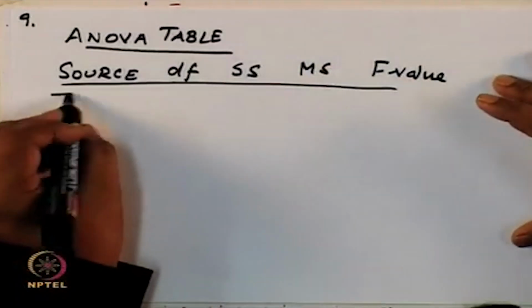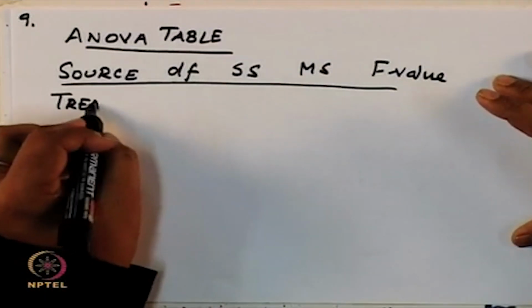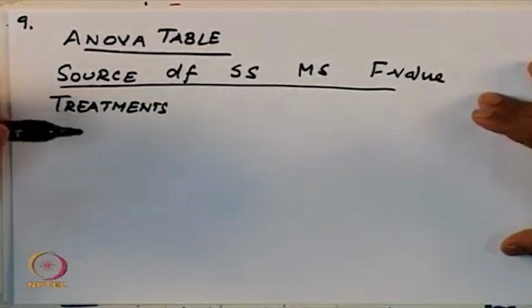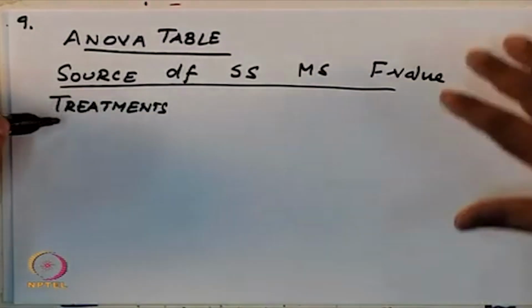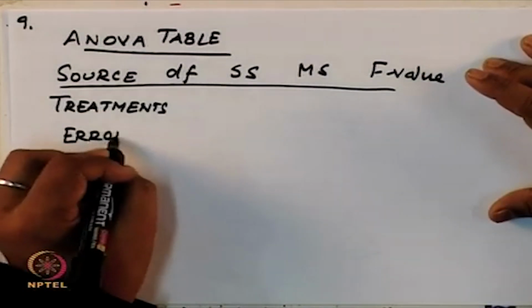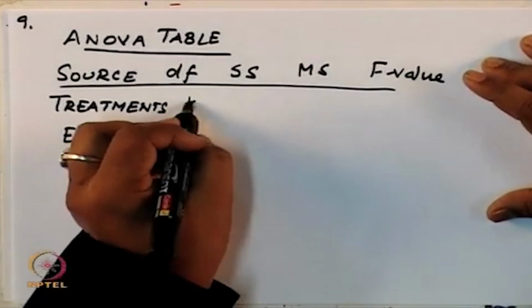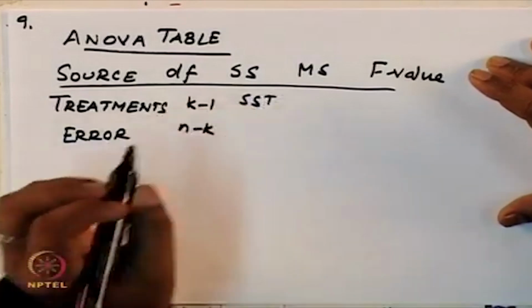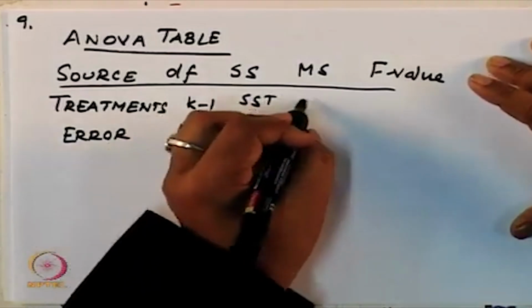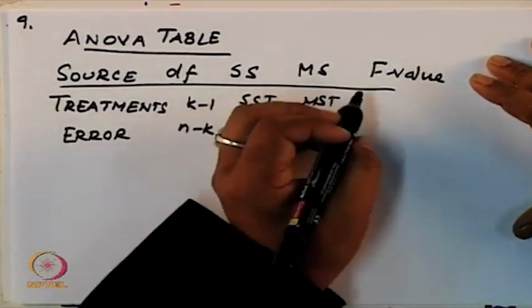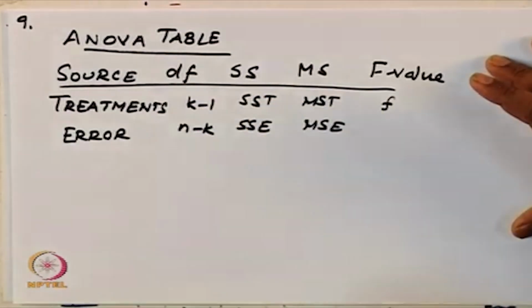Your source corresponds to each of the treatments. If you have 2 treatments, you will have 2; if you have 4, you will have 4 of these conditions, and you have the accumulation from error. The degrees of freedom are k minus 1 and n minus k. Then you have your SST and SSE, your MST and MSE, and you will get some F value.